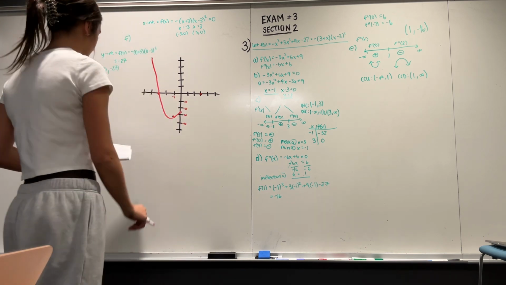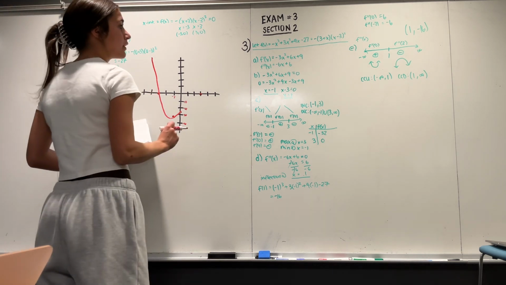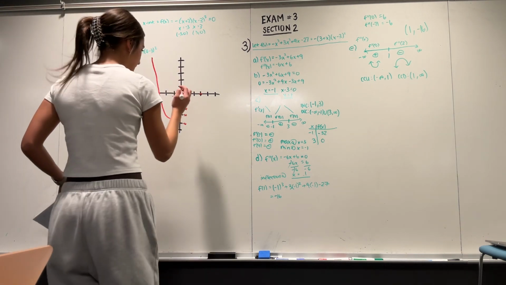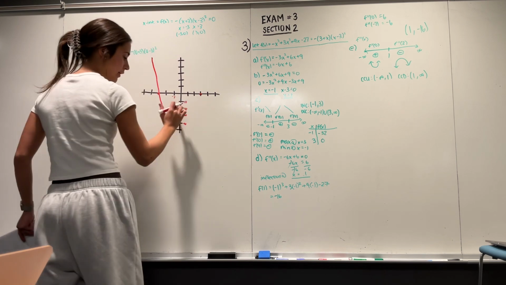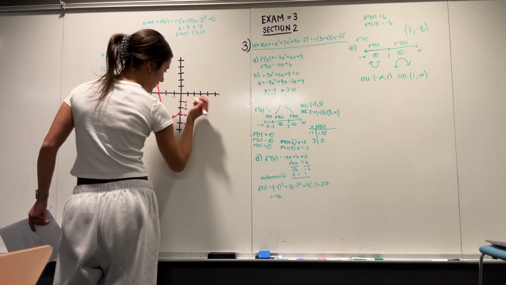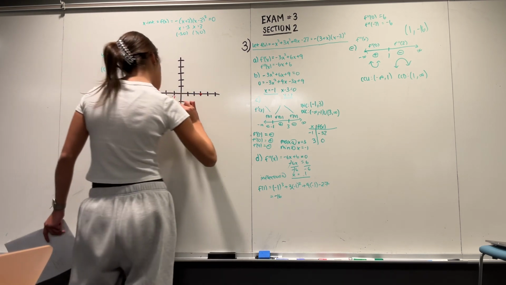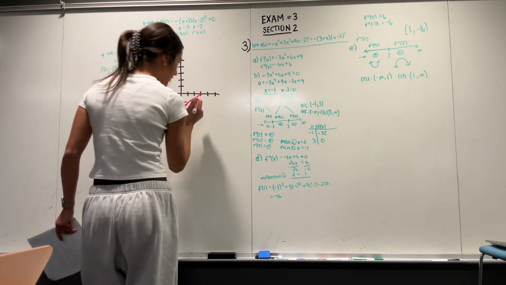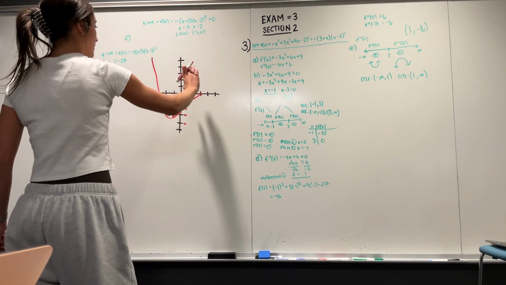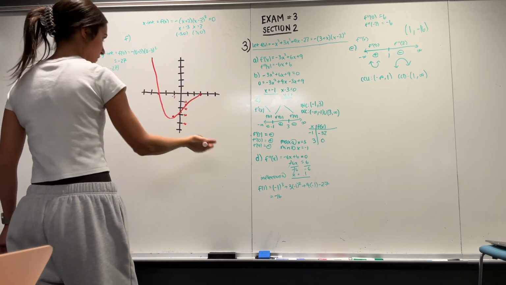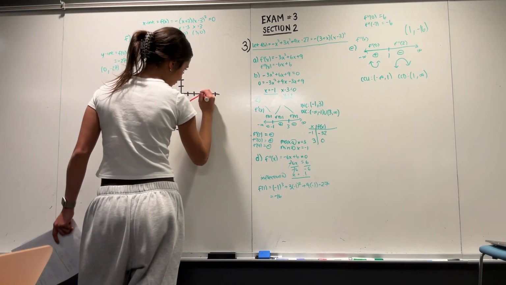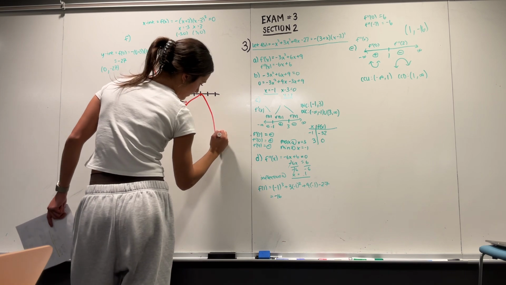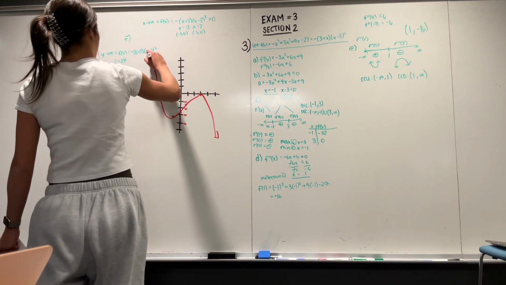Oh, I almost forgot. We also have our inflection point at 1, negative 16. That'll be around here, so it's about right where it's going to cross in the middle, where it changes from concave up to concave down. And then it's going to bounce off this because this is the local max, and it's one of the x-intercepts. Okay, this looks a little janky, but you get the point.